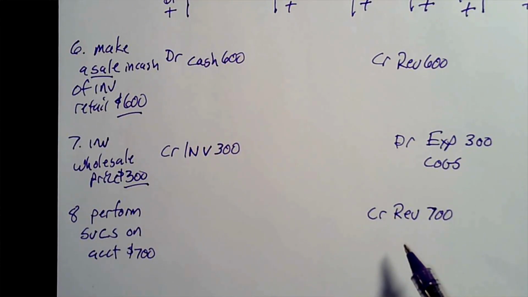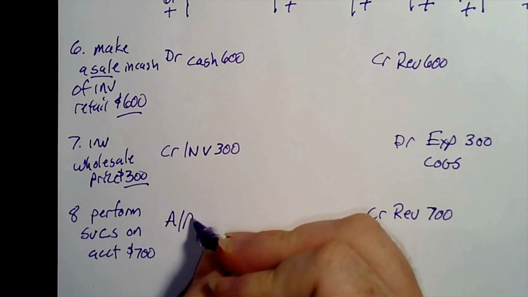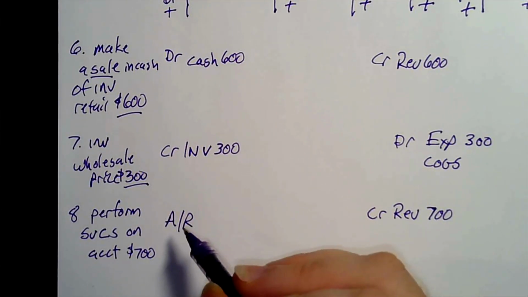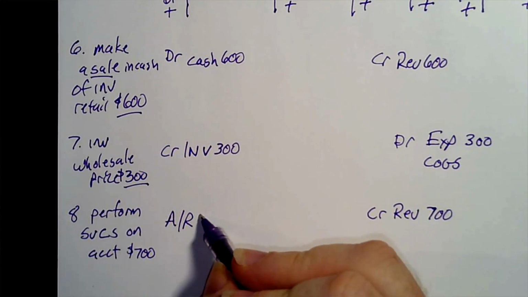Well, what do we call it when a customer gives us an IOU? When our customer promises to pay us later. We call that an accounts receivable. And this is an asset because basically it's an IOU that we hope will turn into cash soon. It's like the cash, we just don't have the cash yet.